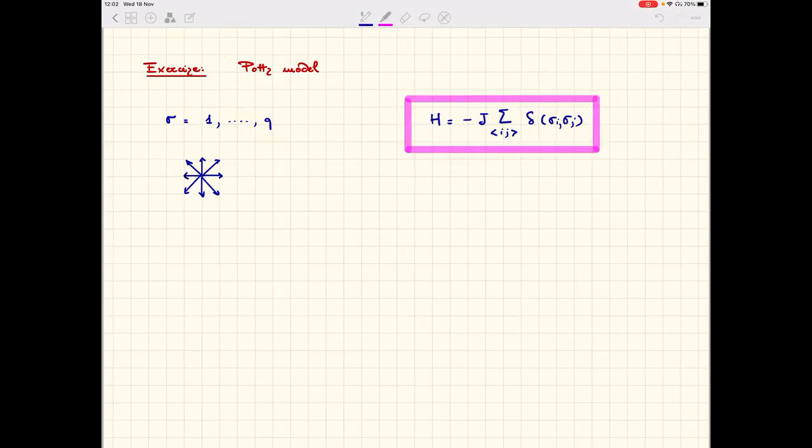Sorry, but judging from your picture, you have only anti-parallel spins. What do you mean? These are all the possible directions of one spin. Oh, yeah. For q equal to 1, 2, 3, 4, 5, 6, 7, 8. For q equal 8. Oh, okay. That's how I imagine it.